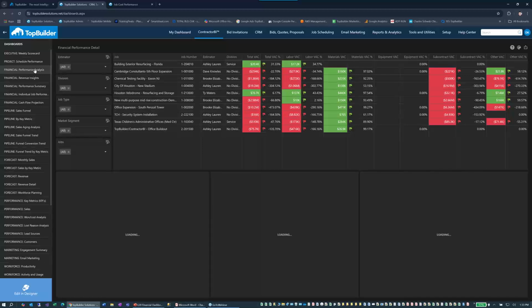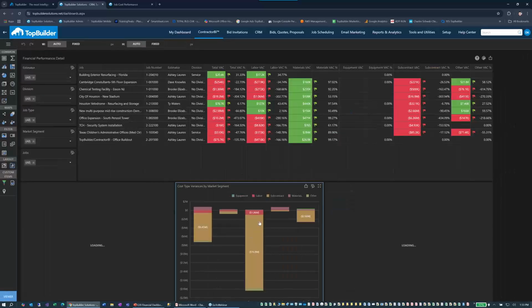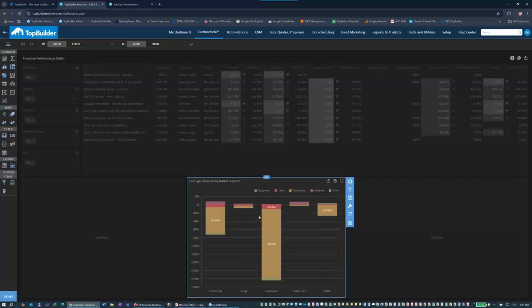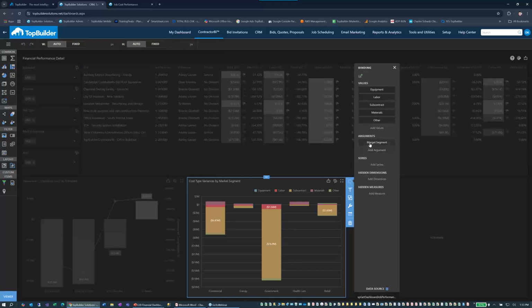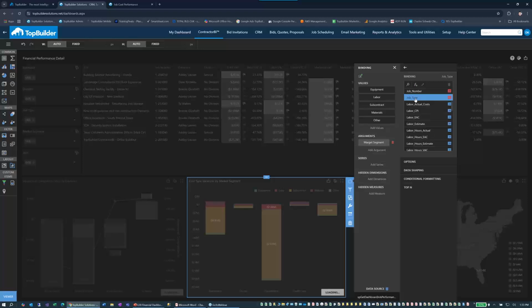And what I'm going to do is go back to that scenario where I have a customer and they only work in one industry, let's say, or maybe they work in a lot of industries, but they don't really care. What they do care about is the different types of jobs that they're doing. So I'm going to switch this over to job type really quickly, and I'm going to change the label.